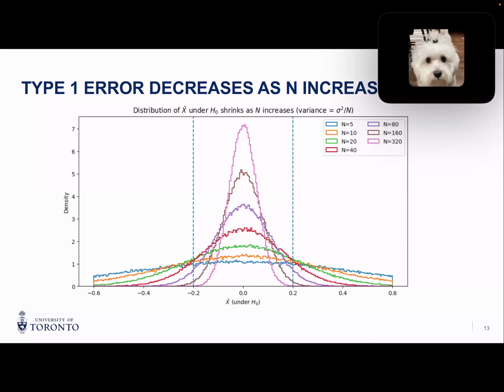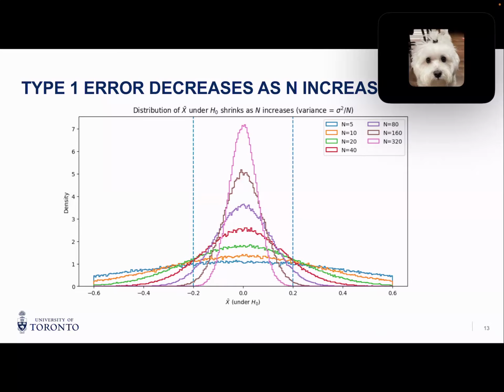So, rule number 1. Type 1 error decreases as the number of samples increases. We can understand that very clearly just thinking about a standard normal distribution. The way that we set up our test statistic, our variance is the variance of the system divided by the square root of the number of observations.